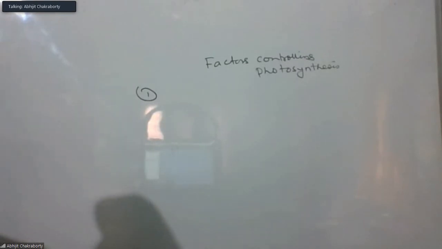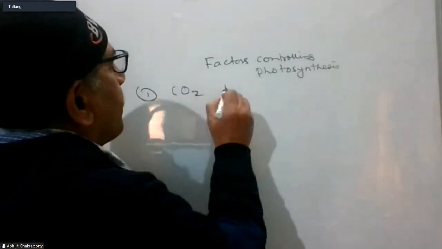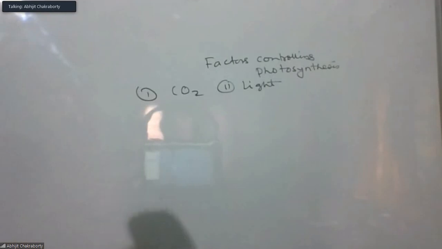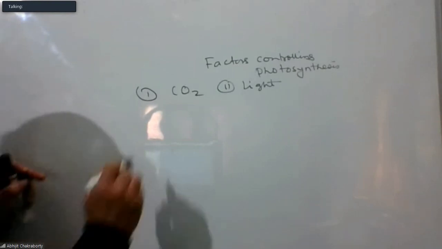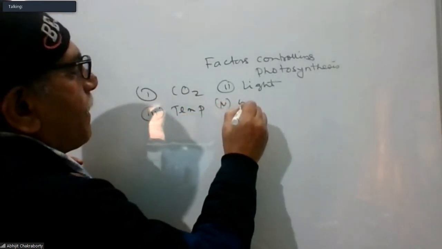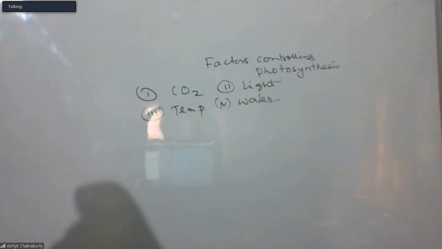There are certain factors like light, carbon dioxide, temperature, water. So these are the basic factors controlling photosynthesis.